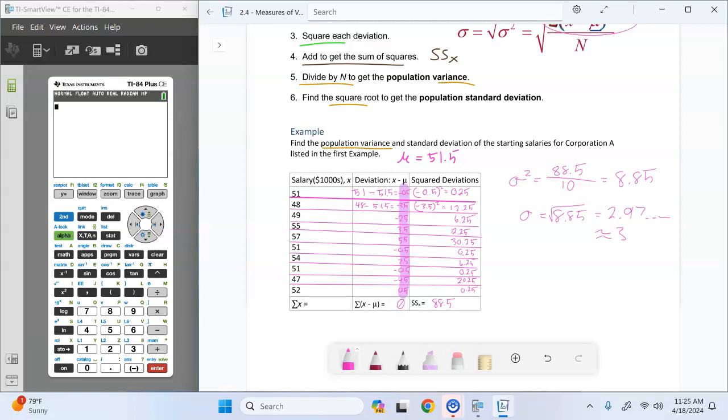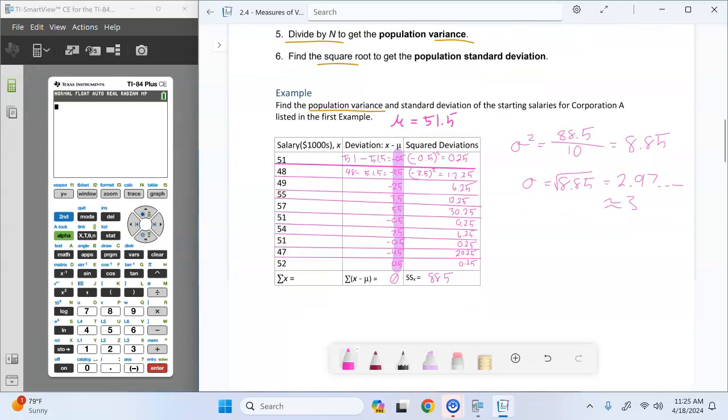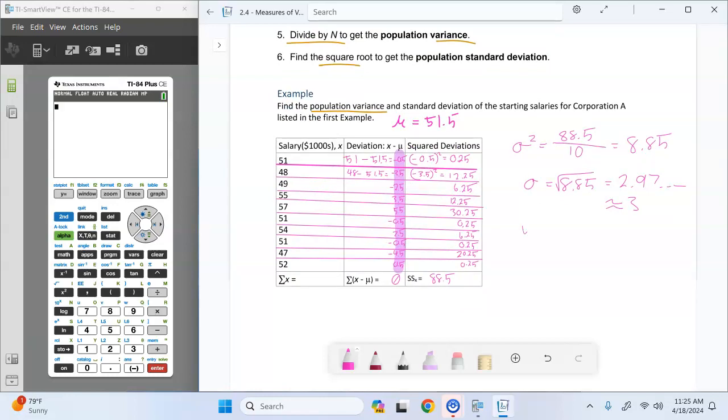So typically, our data points vary 3 units above or below our mean. So at 51.5 thousand, our standard deviation says that most of our data points will vary $3,000 above or below the mean.